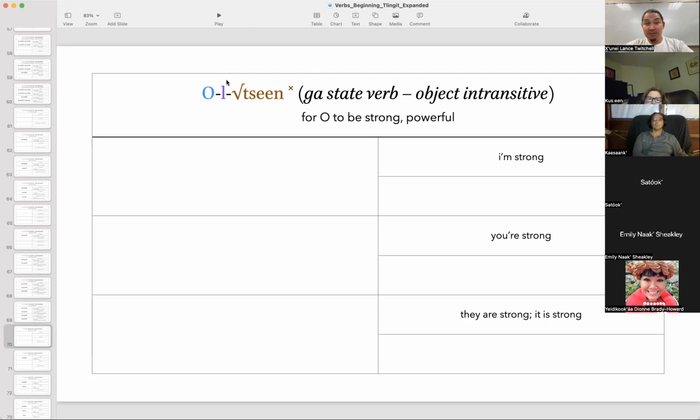Seen. ʻatudli.ák. Seen. So when we see this little X, that means this will not change. This will be seen every time. When you learn how the future works, you'll have to remember to keep this one low, because you'll want to go kegochlitzin. Stays low. That being said, I am strong.